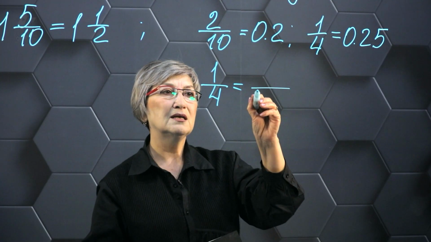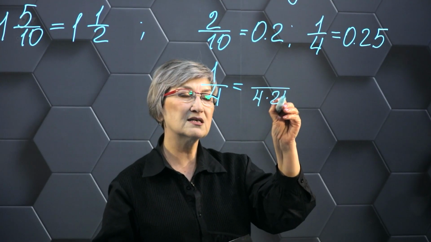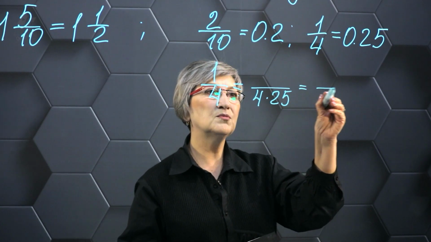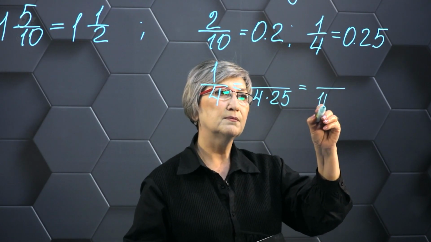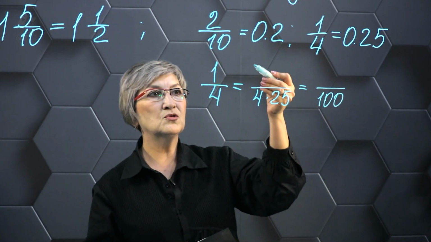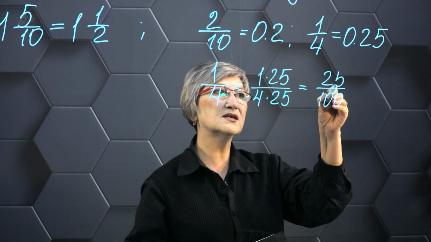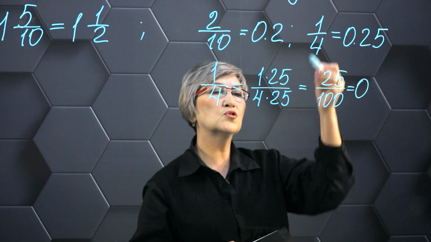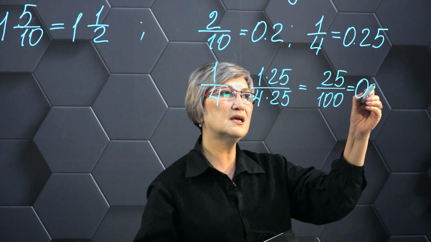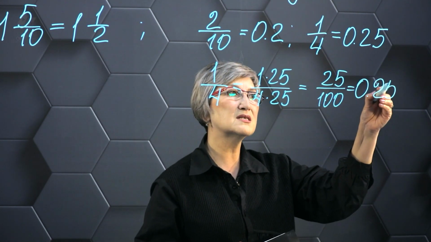Then, if I multiply 4 times 25, then in the denominator I get 100. And then I need to multiply the numerator by 25, and the result is 25/100. So I can write down the fraction 1/4 as 25/100.